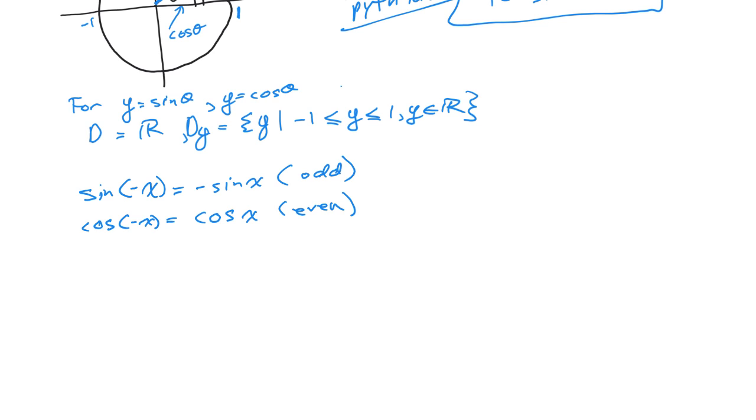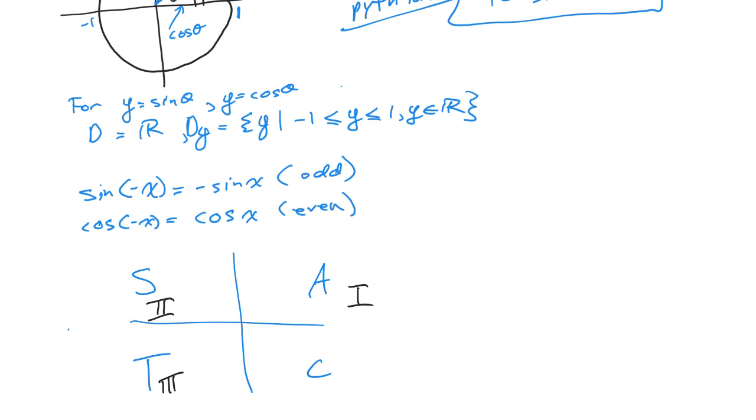Now, let's talk about cosine and sine of x and all those other things with their special rules. The special rules that we're always going to adhere to are called the CAST rule. C, A, S, T, with quadrants 1, 2, 3, and 4.